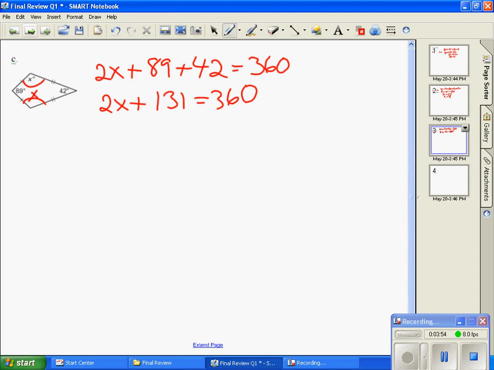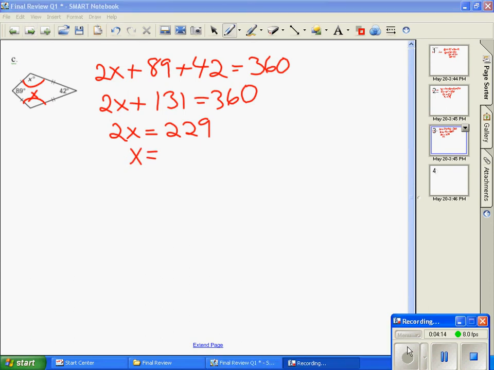Okay, so now we're going to subtract the 131 from 360. And then the last thing is to divide both sides by 2. So x equals 114.5.